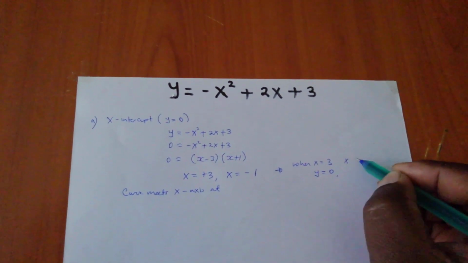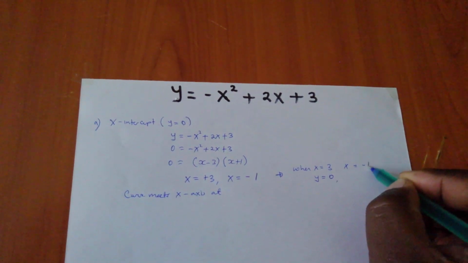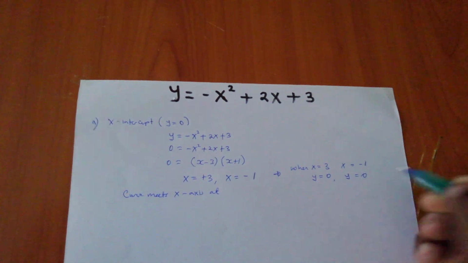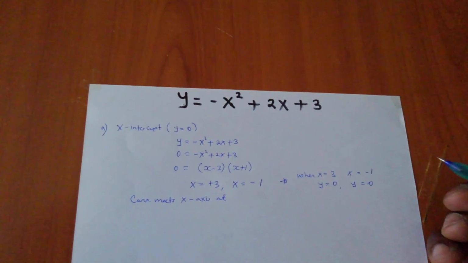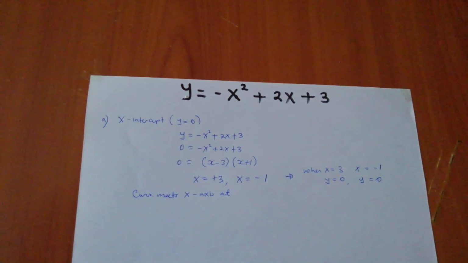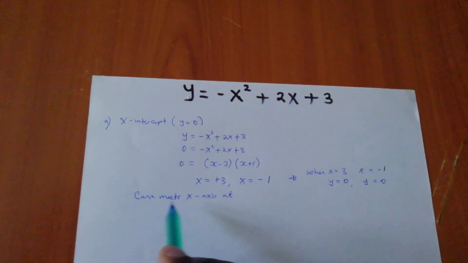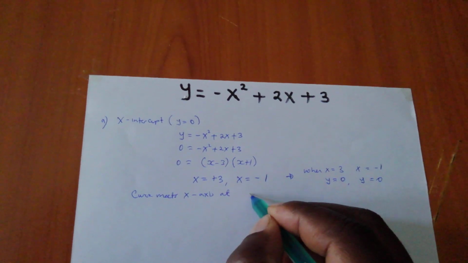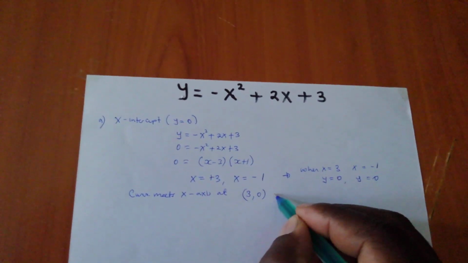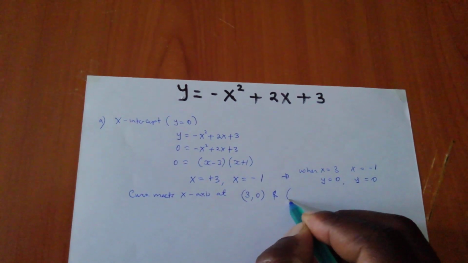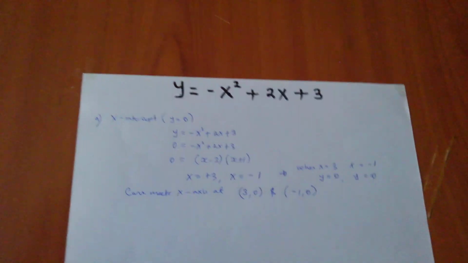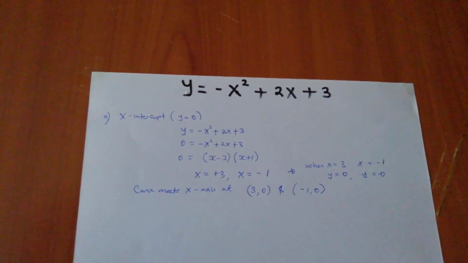And also if I put my x as negative 1, my y also will be 0. So the curve meets the x-axis at the points 3, 0 and negative 1, 0. So that's the first step I've done.